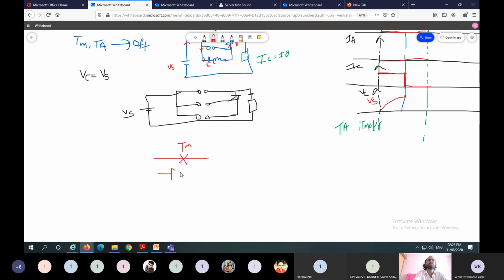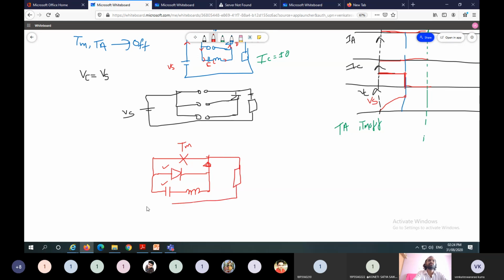Auxiliary thyristor in this condition acts as open circuit because we cannot apply gate pulse to it. And this one is capacitor. Capacitor also acts as open circuit because it charges to rated voltage. In this case, there is no flow of diode current because this one is open circuit, this one is open circuit, so this one is also open circuit.